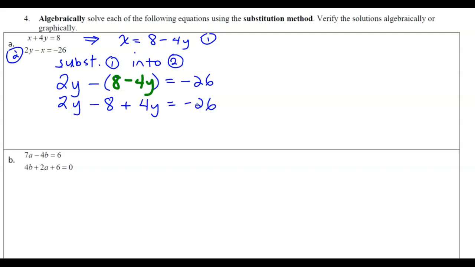Okay, so you get rid of the brackets, then collect like terms. And then add 8 here to both sides.